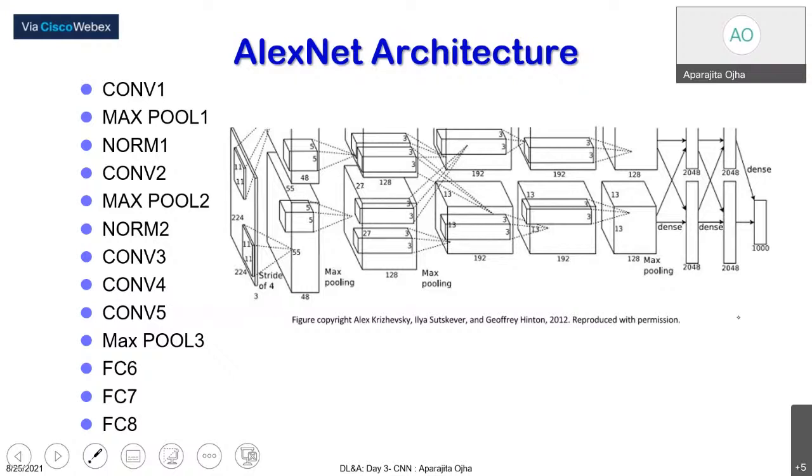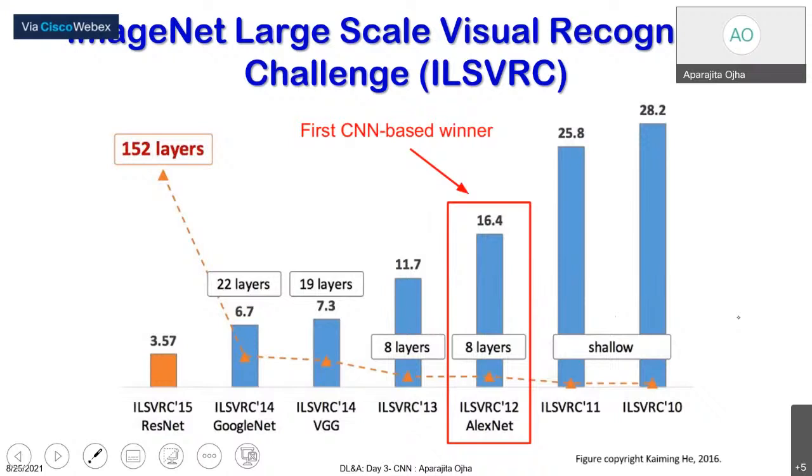In spite of this, it made history in the ImageNet Large Scale Visual Recognition Challenge. In 2012, this was the first CNN-based winner of this challenge, in which we have 1,000 object classes and around 1.4 million images, right?